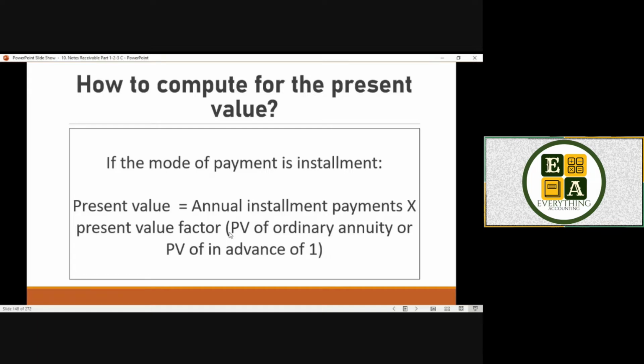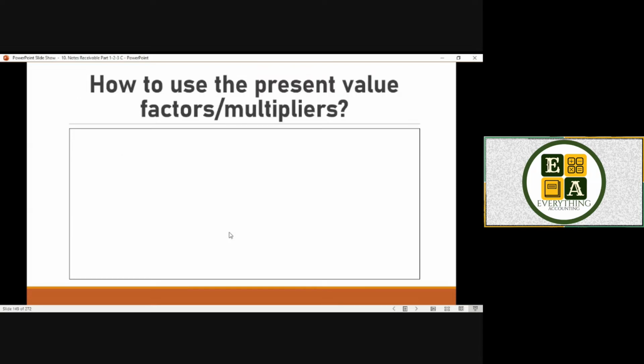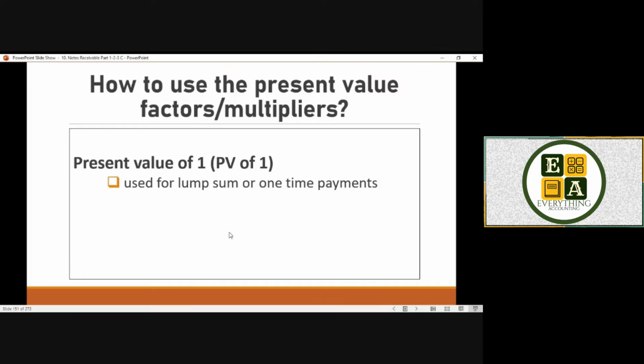If no advance payment, the present value of an ordinary annuity, or in arrears, of 1 will be used. If there is an advance payment, we use the present value of an annuity in advance of 1. How to use the present value factors or multipliers? For present value of 1, PV of 1, it is used for lump sum or one-time payment.